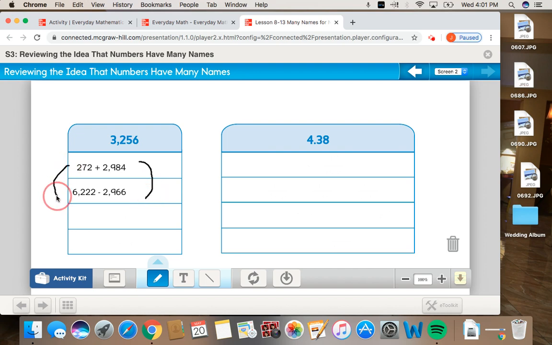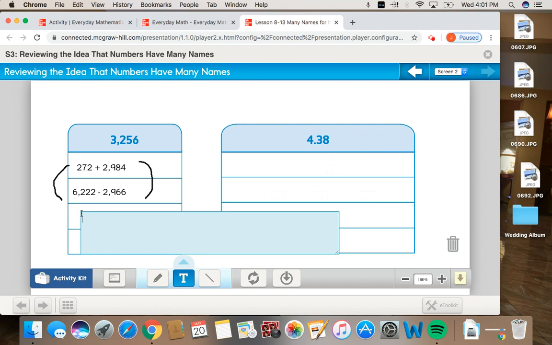You can get to some answers by using the opposite operation, and it works the same way with multiplication and division. So for a multiplication number sentence, I came up with 814 times 4. 814 times 4 will give me 3,256.